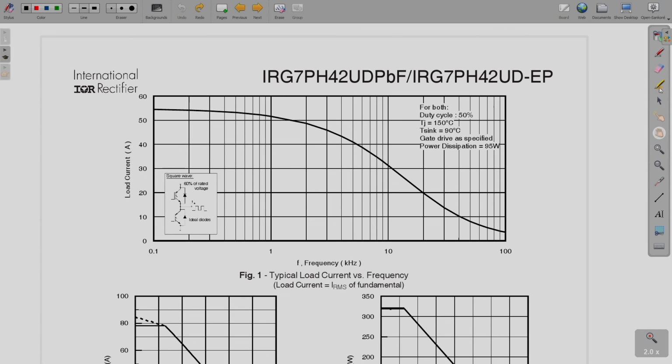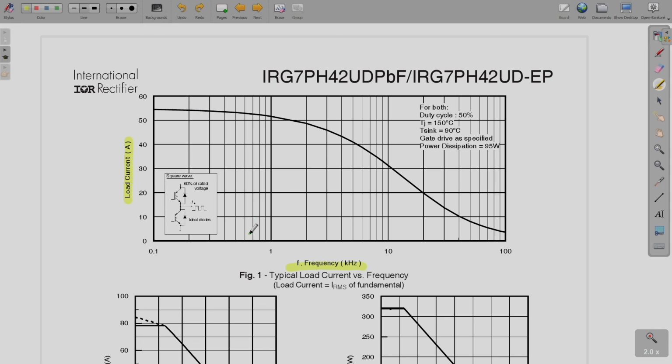Further, this data sheet gives you some performance curves. So you can see here that this is the load current versus your frequency. For this they provided a square wave and an inductive load, and then they saw what the load current could be.